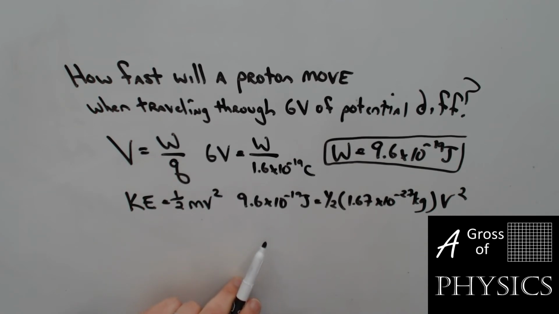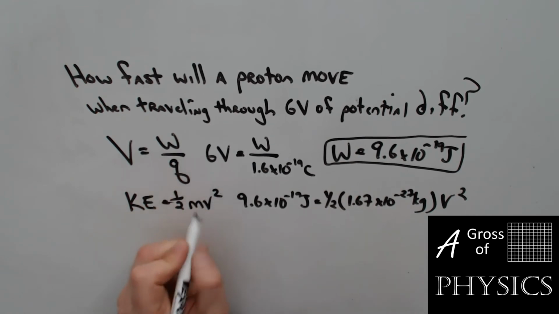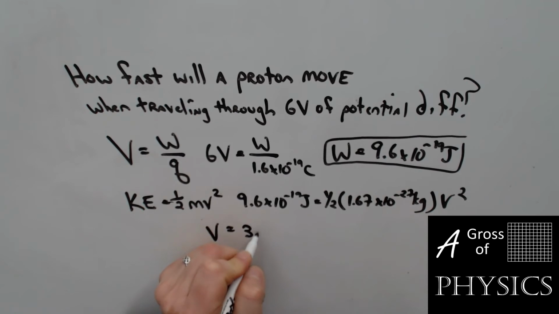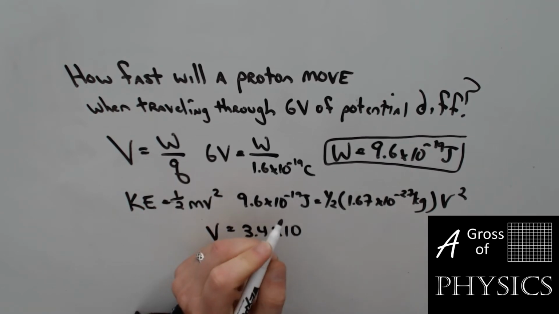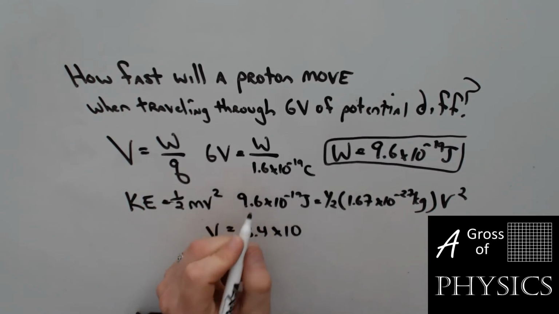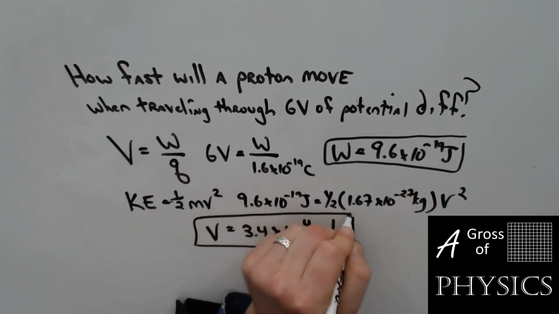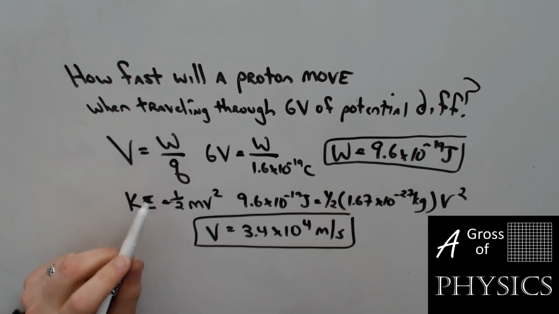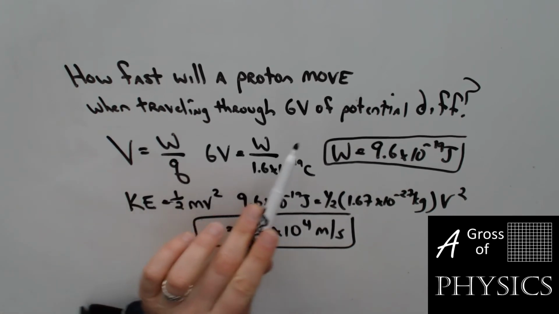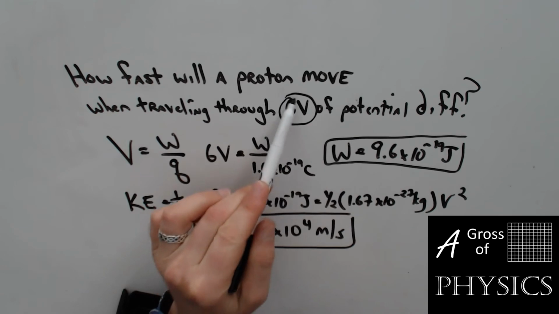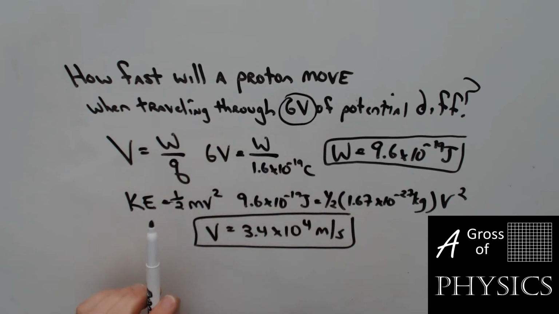Divide that by 0.5, divide that by 1.67 e negative 27, and take the square root. I end up getting a speed of 3.4 times 10 to the 4 meters per second. So pretty fast. If we place a proton in 6 volts of potential difference, it will move at 3.4 times 10 to the 4 meters per second.